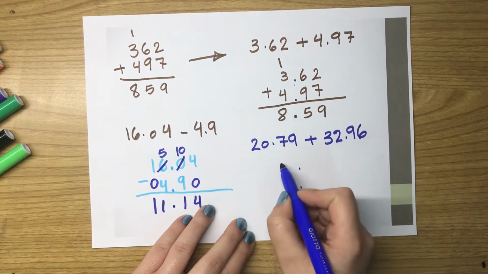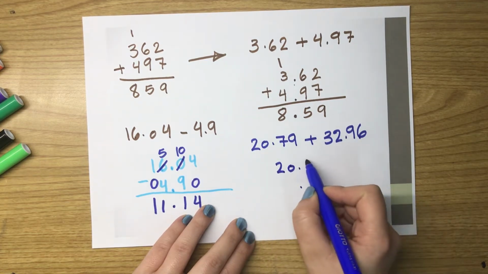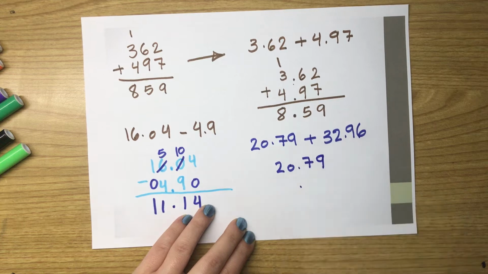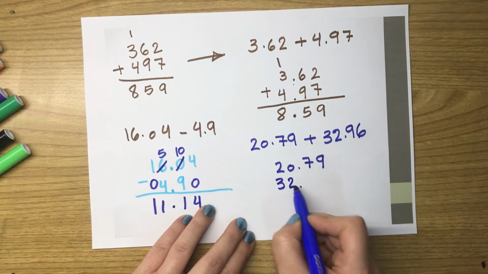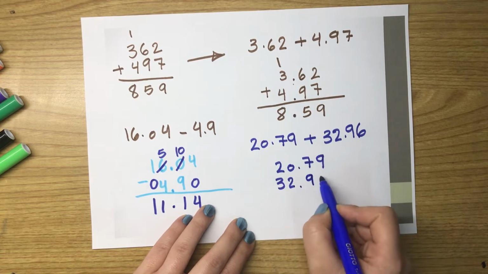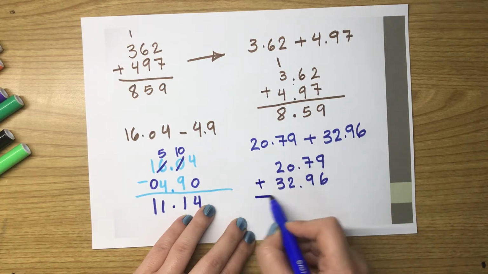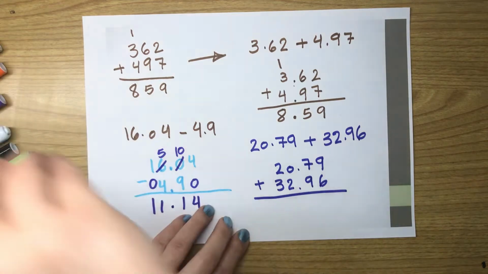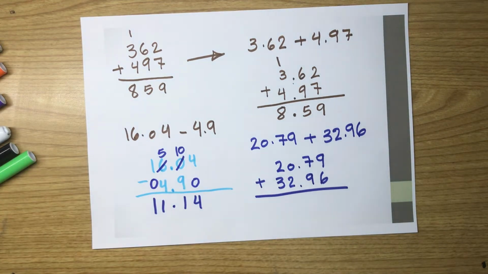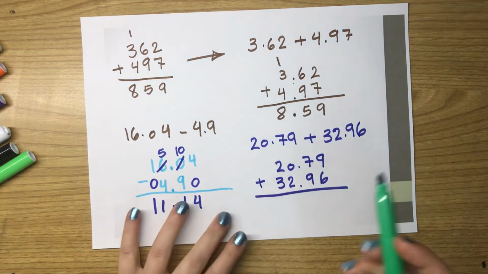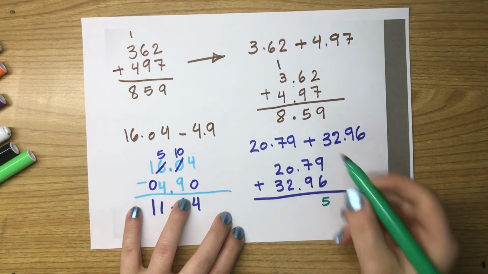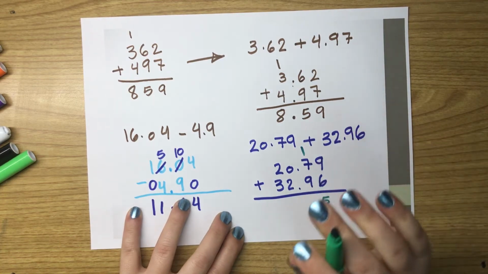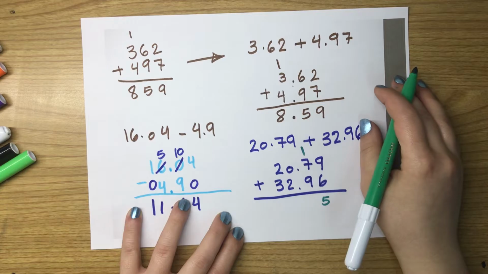The first one is 20.79 plus 32.96. Add. 9 plus 6 equals 15. 5, regroup 1, the same way that we used to do adding.